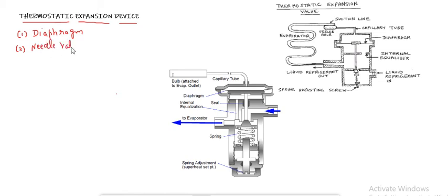After that, there is a capillary tube. Along with the capillary tube, we have one more component that is called feeder bulb.